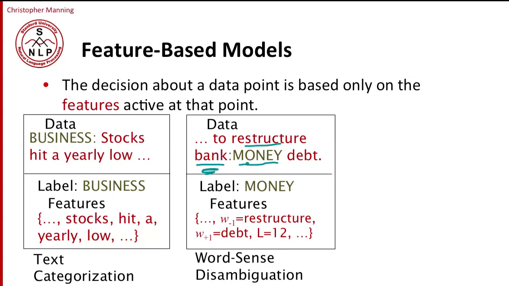So we could just use the same kind of features as here, a bag of words set of features of the words around in the context. But we can also use more particular features that look at particular things in the context. So we could have a feature that says the word before is restructure, the word afterwards is debt. And we could have other kinds of features if we wanted to too, like a feature that the length of the sentence is 12.